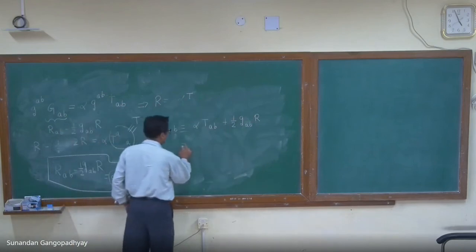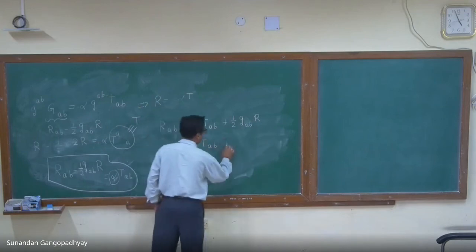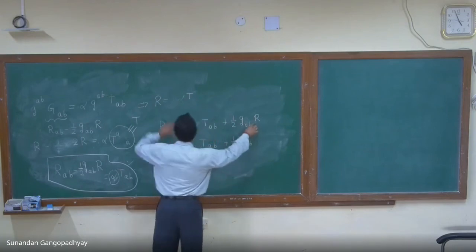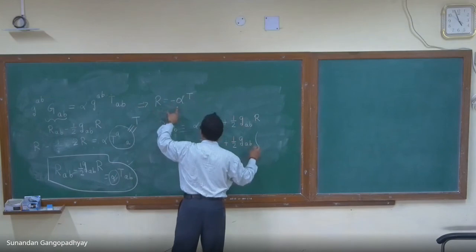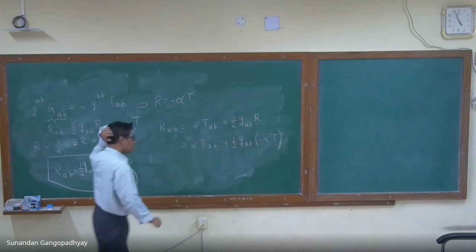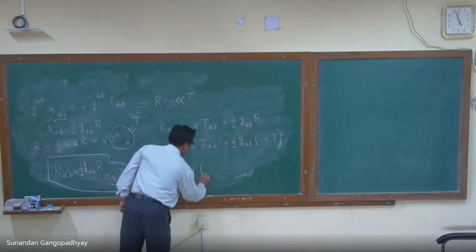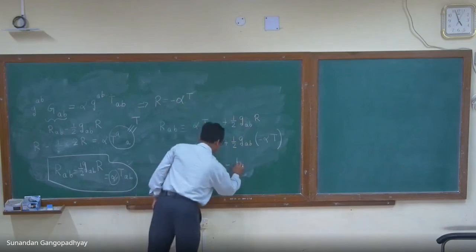And now you can write this as alpha T_AB plus half G_AB times R, where R is minus alpha T. Therefore, getting alpha common, R_AB equals alpha (T_AB minus half G_AB T).